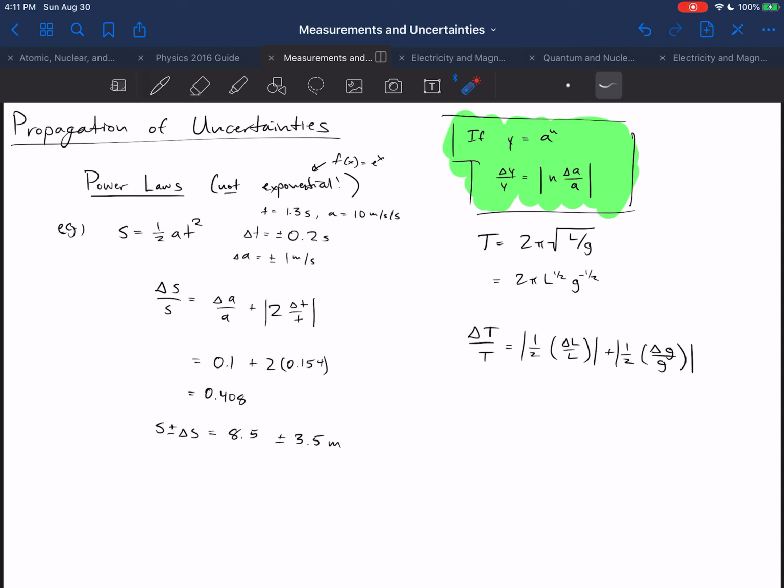But before we do so, a quick word about this. One thing to know is that these rules for propagating uncertainties through addition and subtraction, multiplication and division, and what are known as power laws are an approximation of the best thing to do.